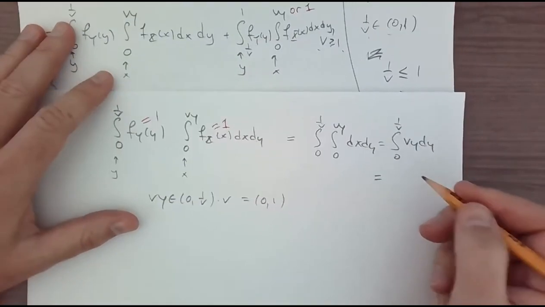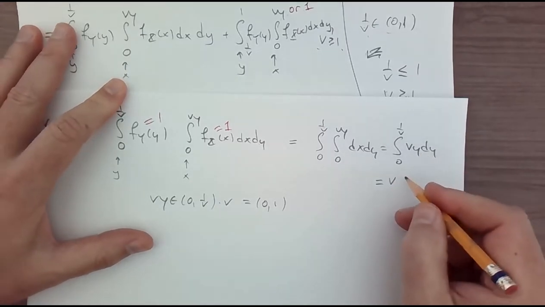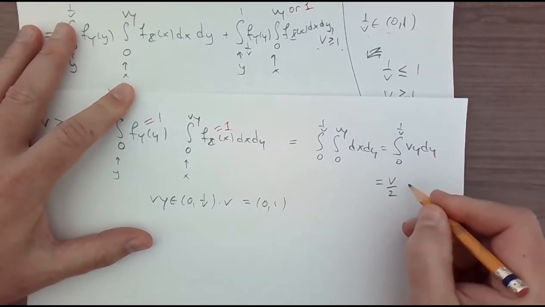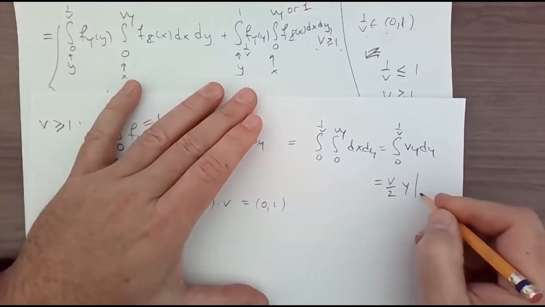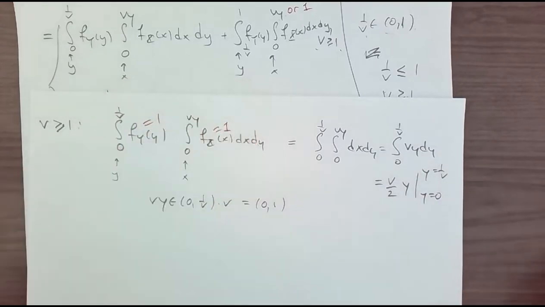So this becomes an integral from 0 to 1 over v of vy dy. That becomes v divided by 2 times y squared, evaluated from y equal to 0 to y equal to 1 over v.